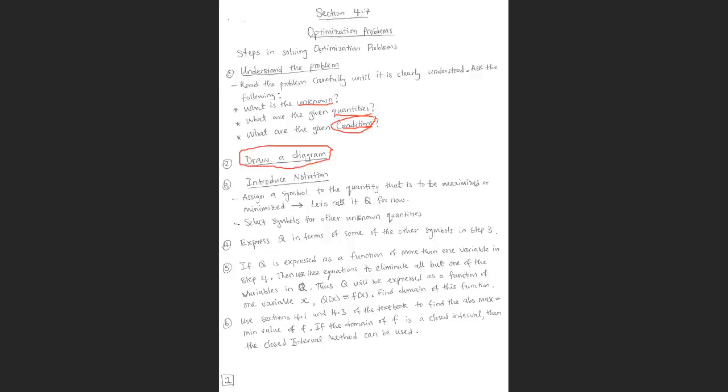If you don't explicitly define your variables, then I'm going to consider that you're making use of standard variables. When I use the word standard, it means, for example, V for volume is fine, R for radius is fine, T for time is fine, H for height is fine.